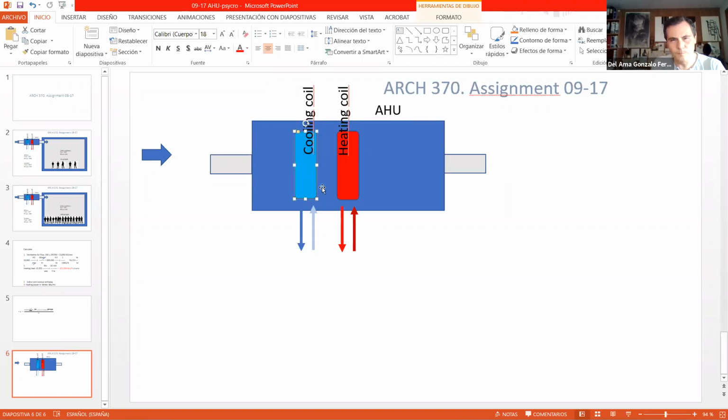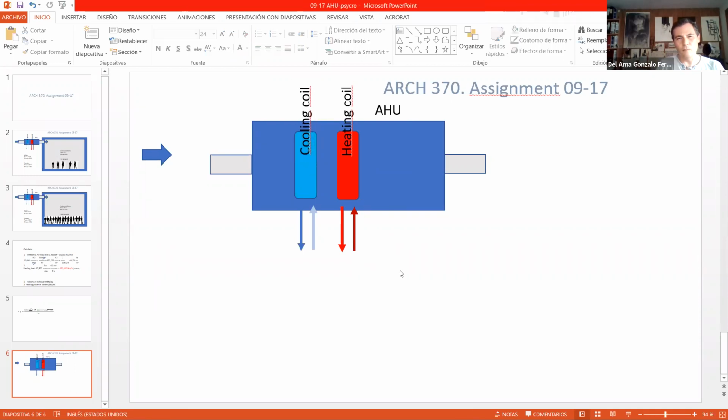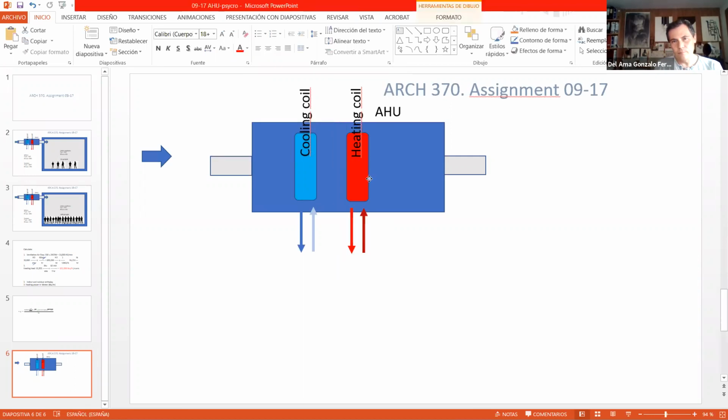There you go. Okay, so we need something to heat up water, because a coil, well, water runs through this coil, and then the air goes through the coil, and the air heats up, and the water cools down.